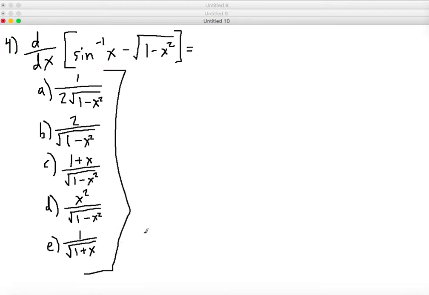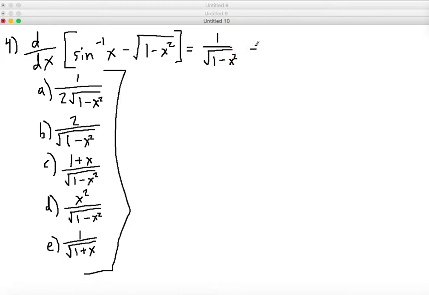remember we just recently learned the derivative of our arc sine or inverse sine of x is equal to, we're going to take derivative of each piece separately, so the derivative of the first piece, the inverse sine, is 1 over the square root of 1 minus x squared.